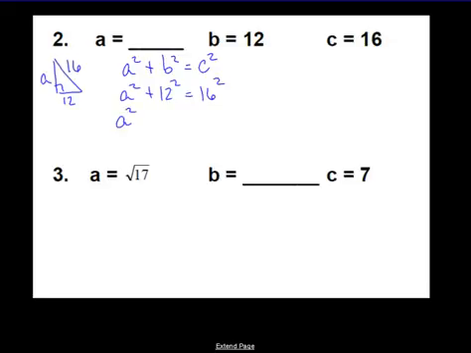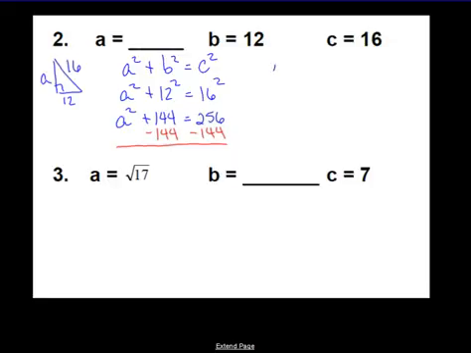A squared plus 12 squared, which is 144, equals 16 squared, which is 256. At this point, my goal is to get the A squared all by itself, so I'm going to subtract 144 from both sides of my equation.